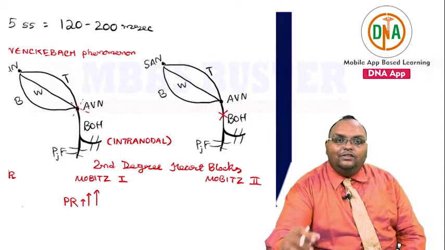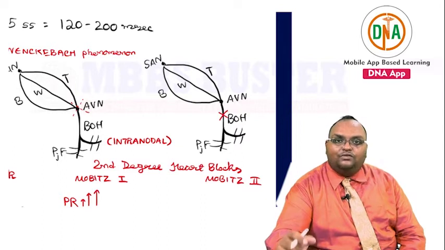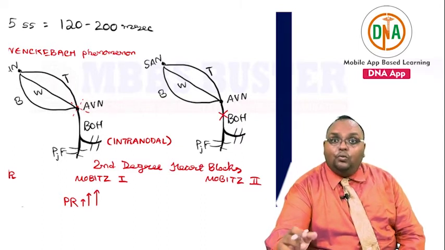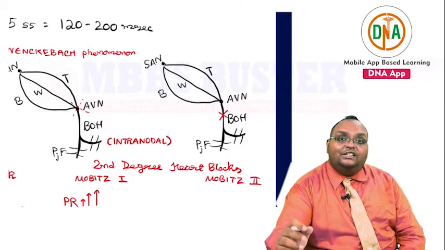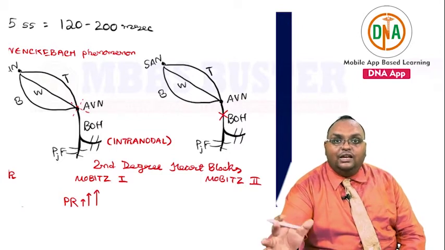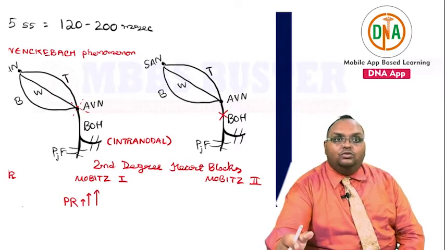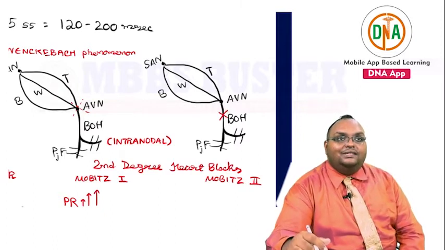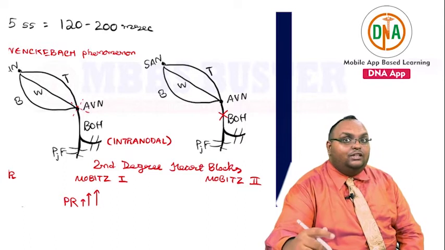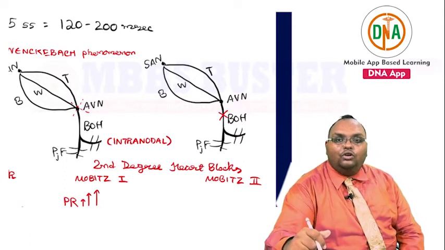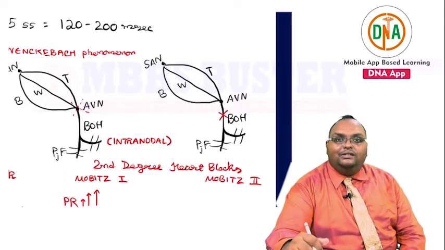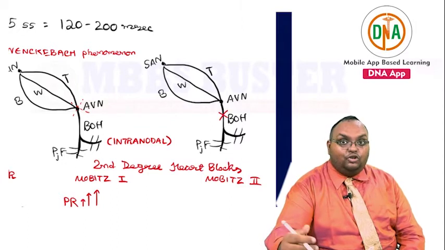That means even though the impulses are being conducted from the SA node to the AV node, whether they would be conducted via the bundles into the ventricles depends on the mood of the bundle itself. There is a rule that every second or every third second the door would remain closed.